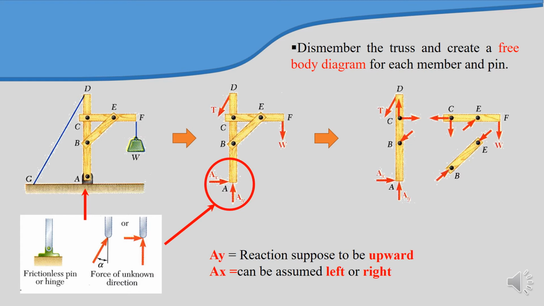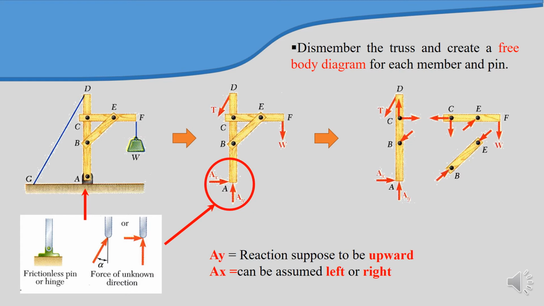So from the figure on the left, attached together, and then we need to dismember to be a free body diagram on the left hand side. Okay, we have three members, which are these members, and we have free forces acting on each member and each point or each pin.